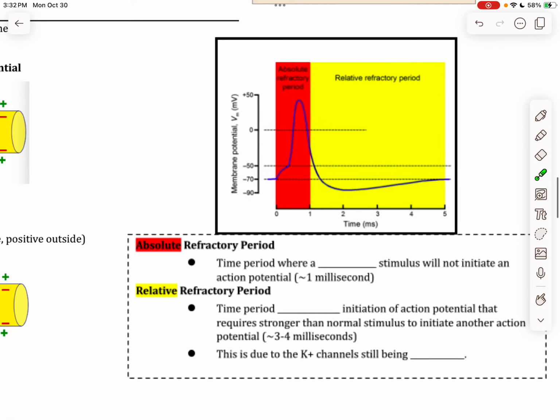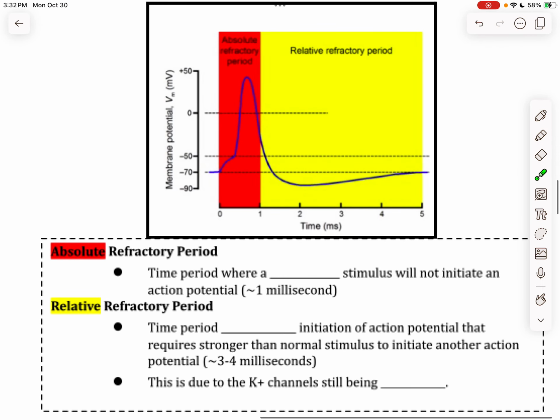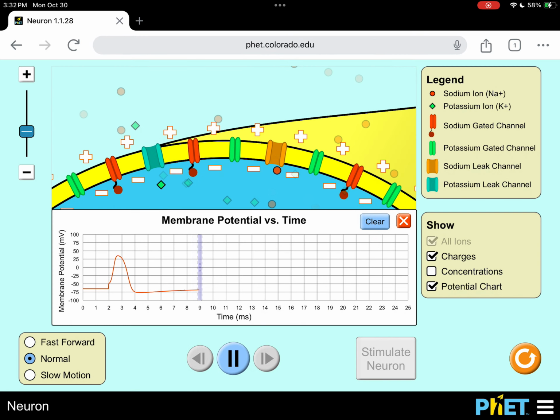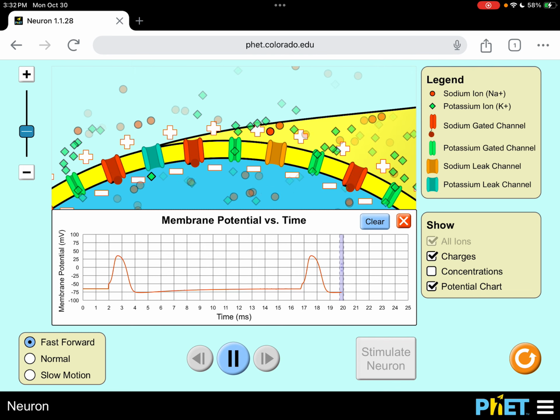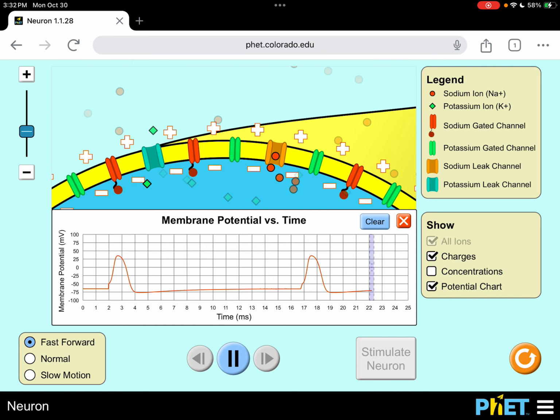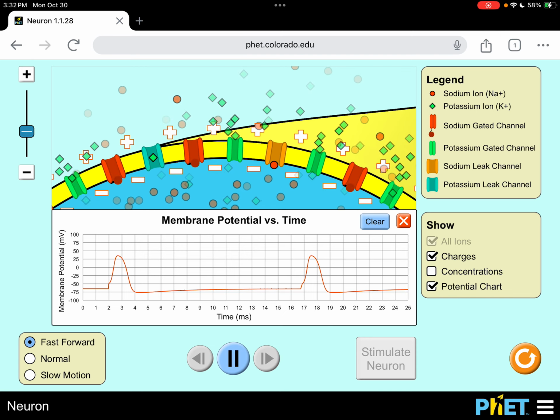So on the sim, there was a part where you clicked stimulate neuron, and then you let it happen. Let's go ahead and just show it. So we're stimulating the neuron, and then I'm going to stimulate it again, fast forward, go, stimulate. And you see how I am trying to click this stimulate neuron button, and I cannot do that because there is a time where it has to reset.